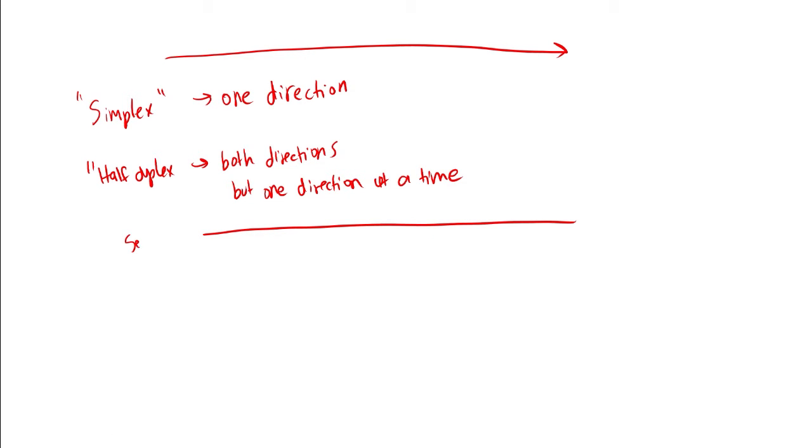So if this is the sender and this is the receiver, this dude can send a signal to the receiver. If the receiver wants to send something back, he can, but he's gotta wait some time until the sender is quiet.